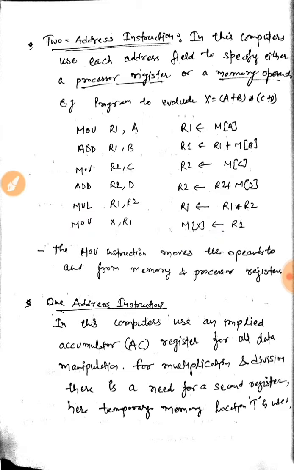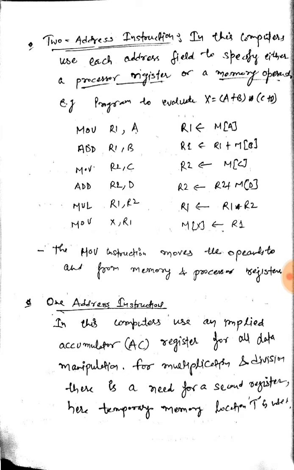In the one address instruction format, the computer uses an implied accumulator. For binary operations I always require two operands, but in one address instruction I have only one address location, so one operand would come from the accumulator.